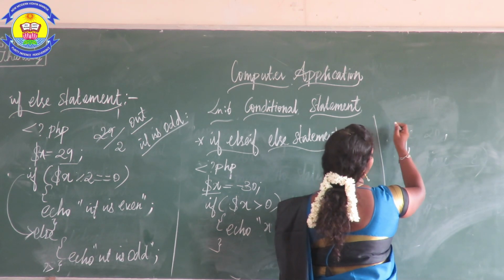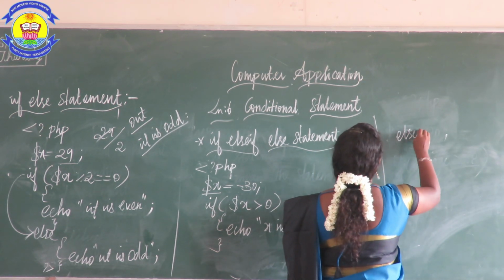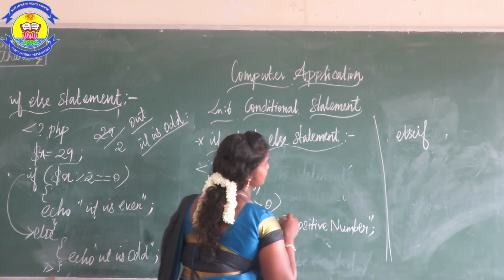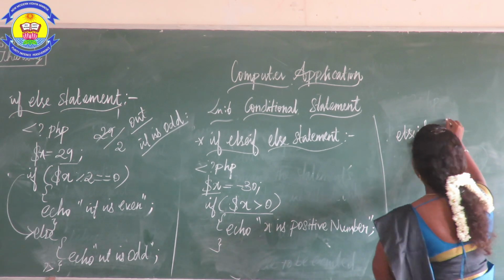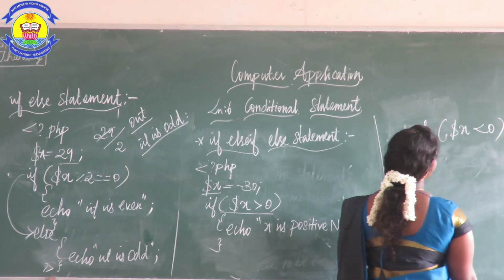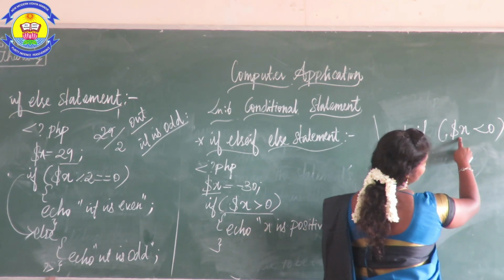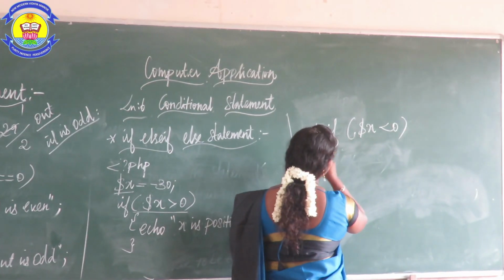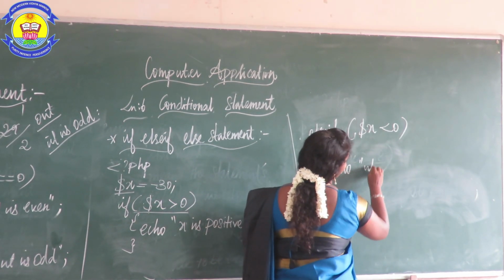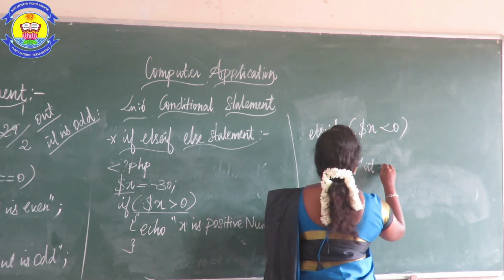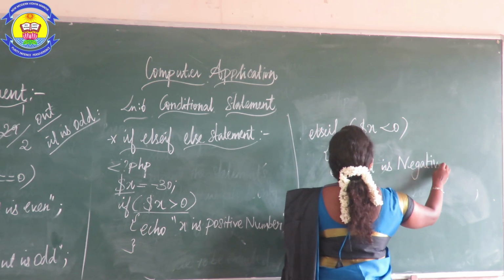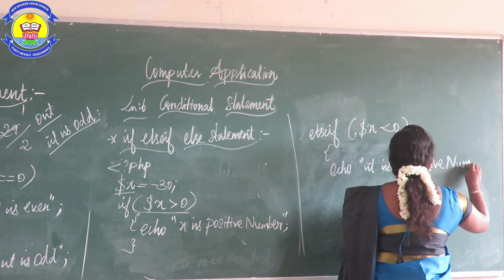Now I'm going to give an else if second condition. This is the first condition; I'm going to give a second condition: $x less than 0. If my value is less than 0, it will print echo "it is negative number".